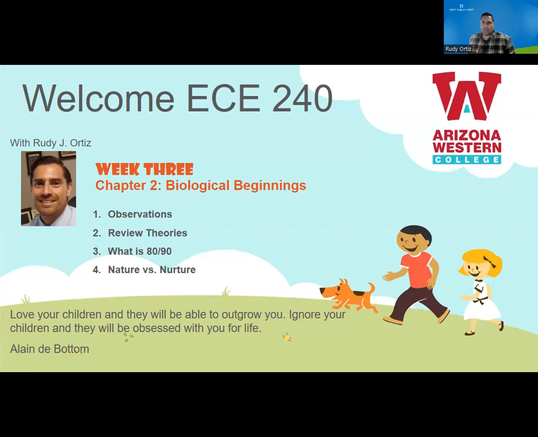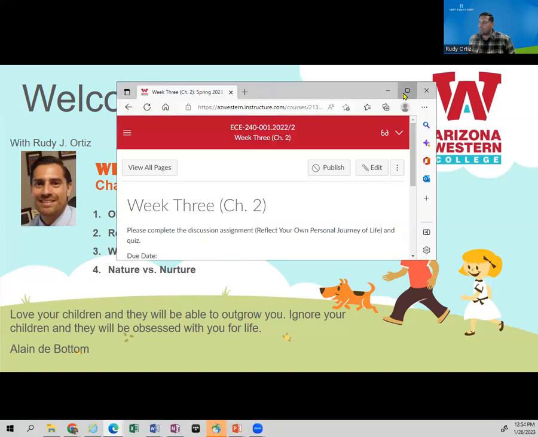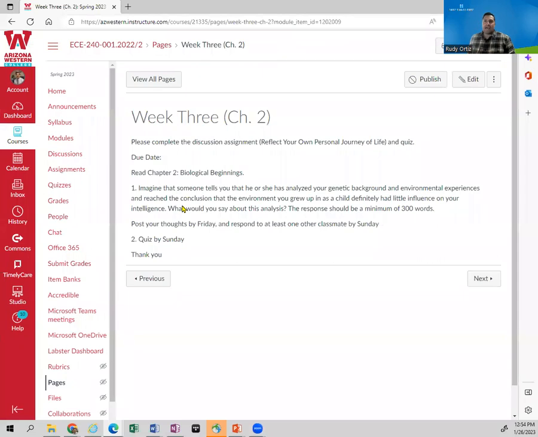What I want to do really quick before we finish this video is go over what is expected for you this week. Well, there's been a lot of debate around whether it is nature or nurture that determines how intelligent or how smart you are. So here's the question that I have for you this week that you're going to discuss with your peers.